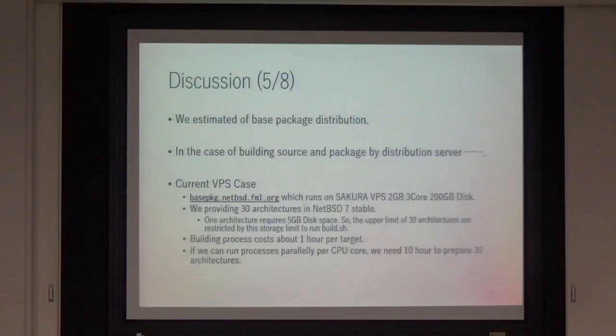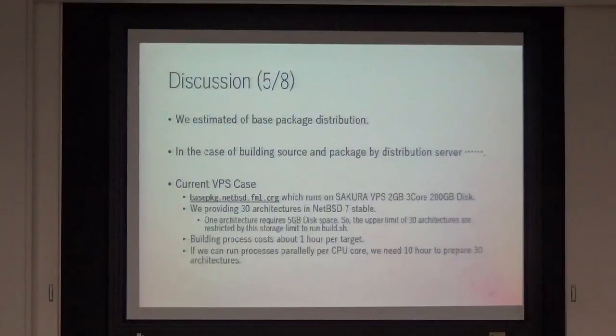The package distribution server can be maintained in a number of ways, in the case of building the source tree and packages on the distribution server. In the current VPS case, basepkg NetBSD runs on Sakura Internet VPS, 2 GB memory, 3 CPUs, and 200 GB storage.